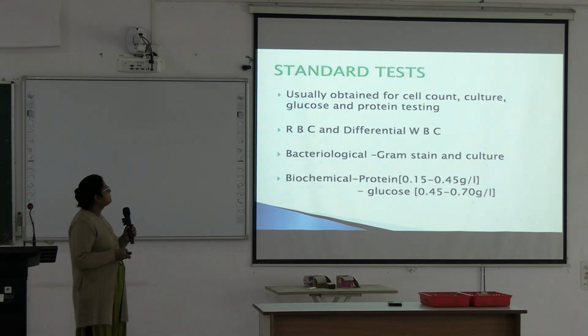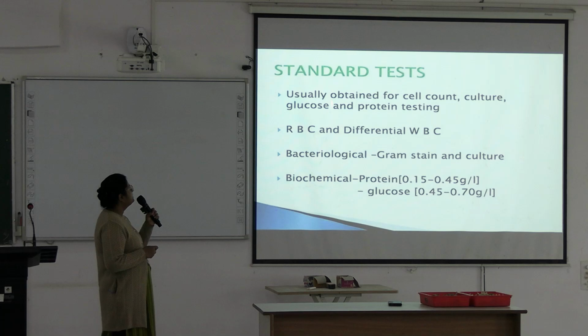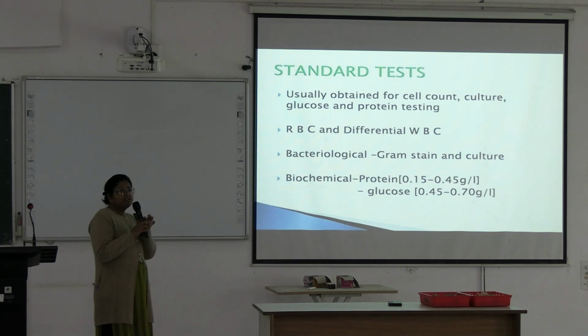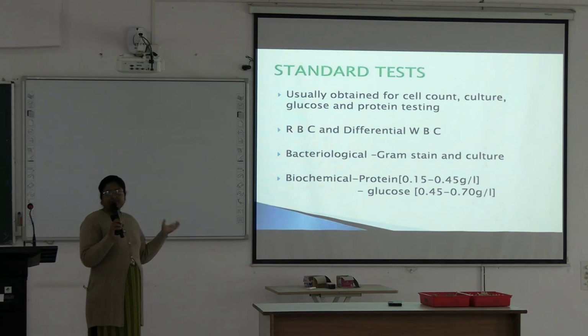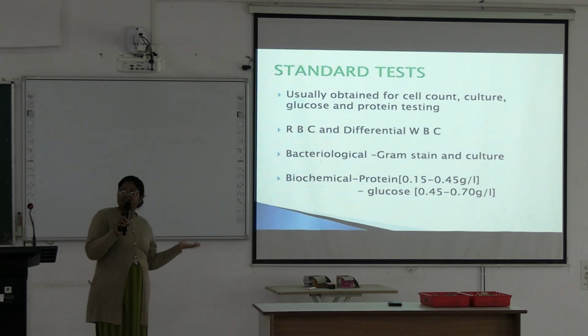Next, standard tests are usually obtained for cell count, culture, glucose and protein testing. These are mainly done for CSF. Culture, if there is any infection. Cell count is increased in different infections, and white blood cell count is increased mainly in infections.